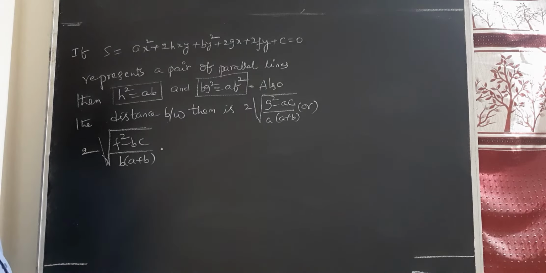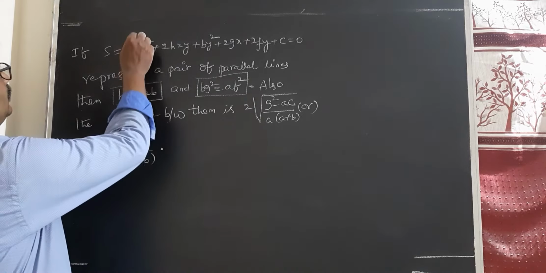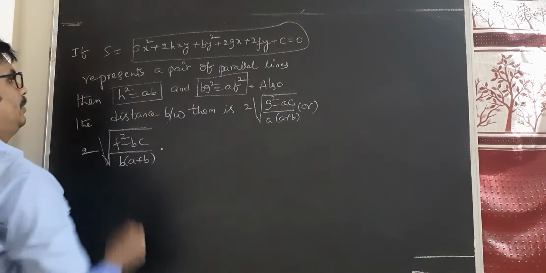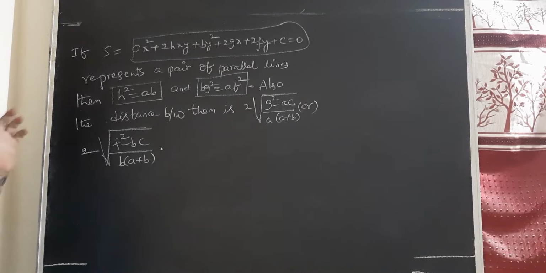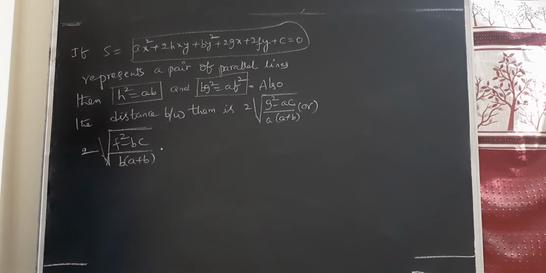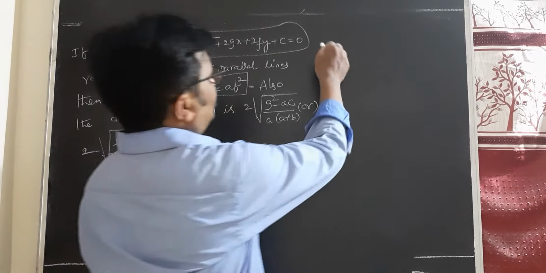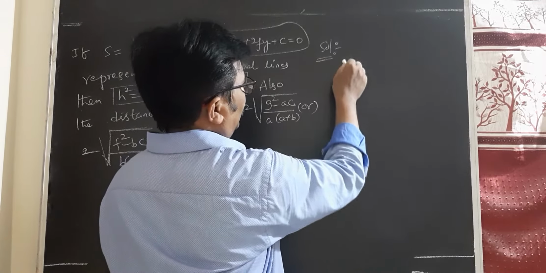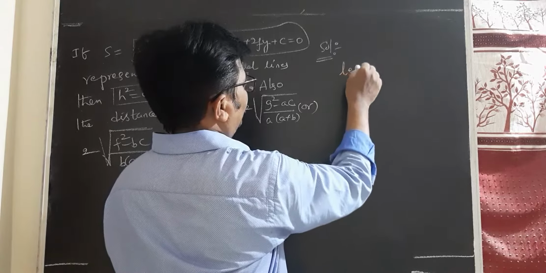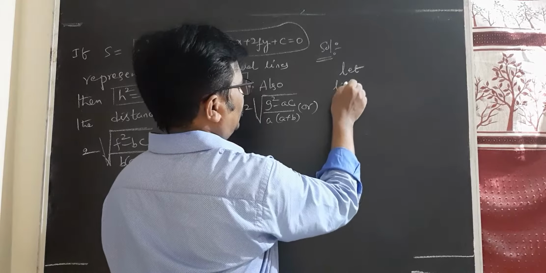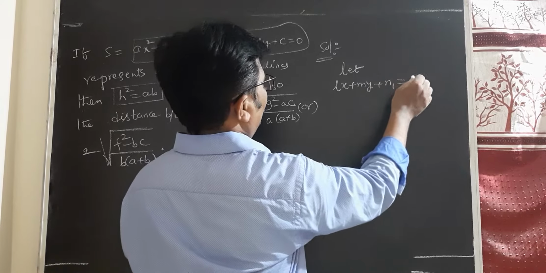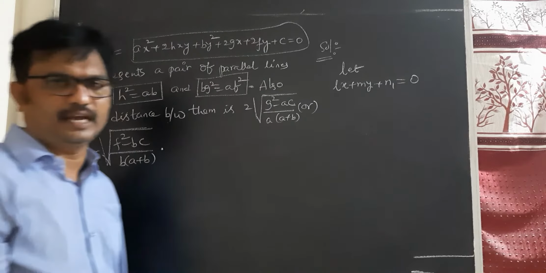Now students, the given equation represents a pair of parallel lines. Then we saw these conditions. We are taking the first equation lx plus my plus n1 equal to 0. This is the first line.